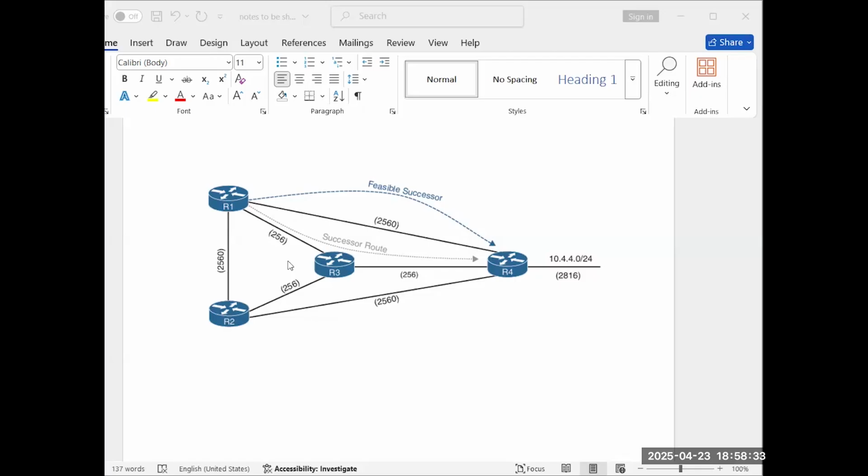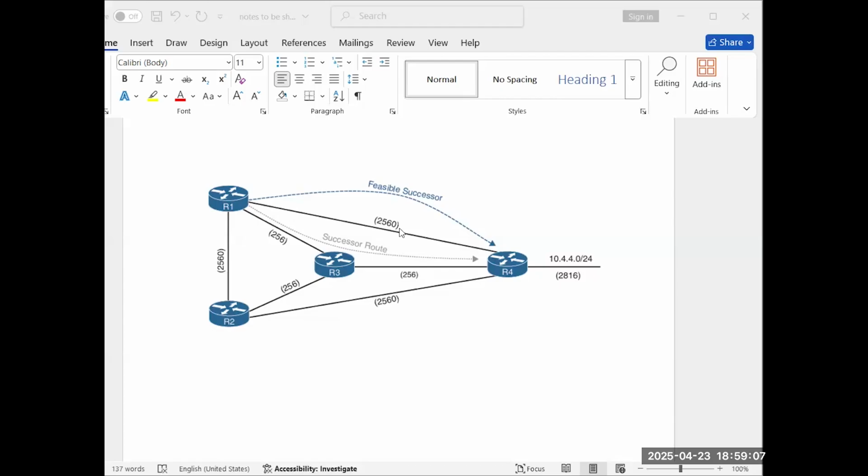So R1 to R3 is 256 and R3 to R4 is 256. So total it is 512, right? When compared to the metric from R4 to R1, it is 2560. The metric here is a higher value, even though there are no routers in between. So that has been elected as feasible successor.